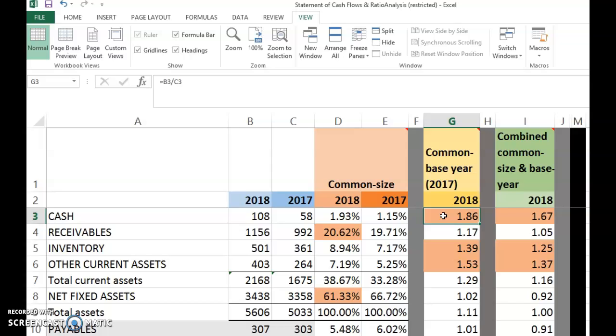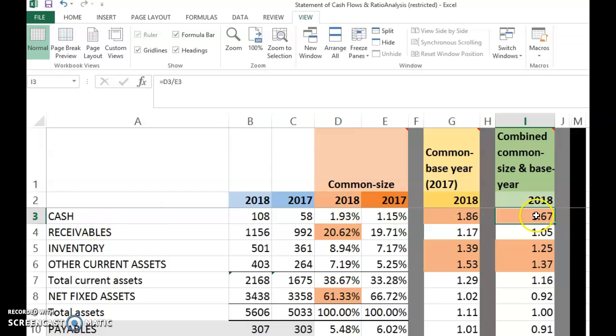But in this case here, in combined common size and base year method, these numbers, like 1.67, indicate the item, whatever item, as a proportion of total assets, is a multiple of the item as a proportion of total assets in the base year.